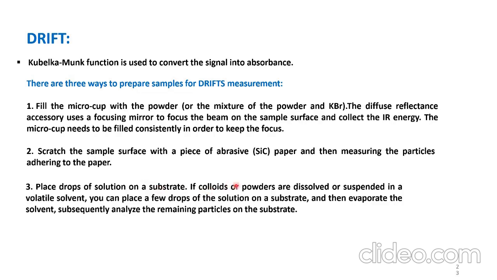If colloidals or powders are dissolved in a solvent, we can dropcast it on the substrate or KBr, wait for the solvent to evaporate, and then the remaining particles on the substrate can be checked in the DRIFT arrangement.